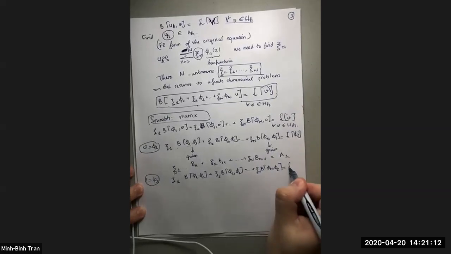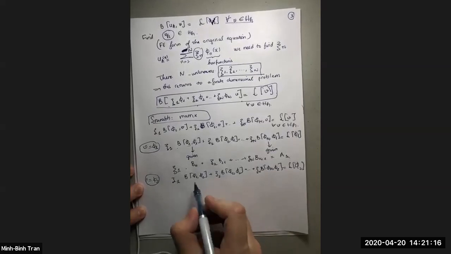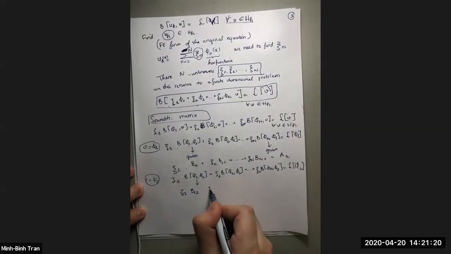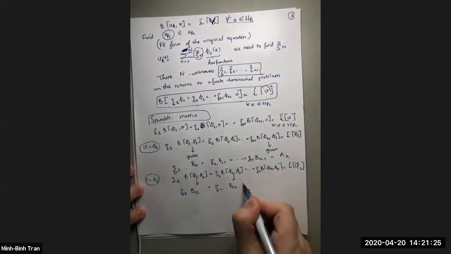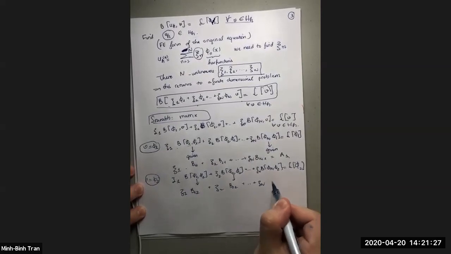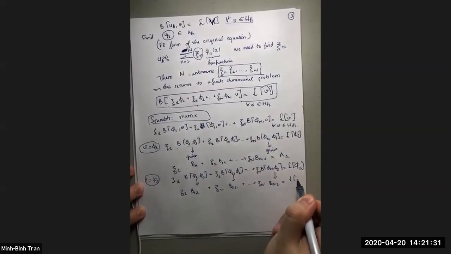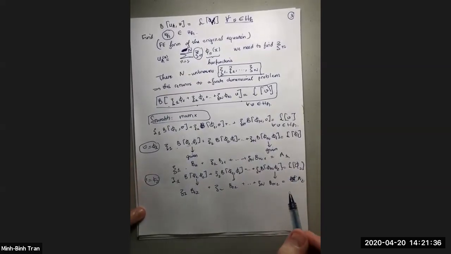And then this is L of V2, so this is again given. So I have C1 B12 plus C2 B22, and here I have Cn Bn2, and this is A2. So then I have another equation.